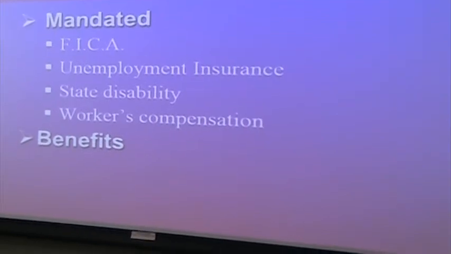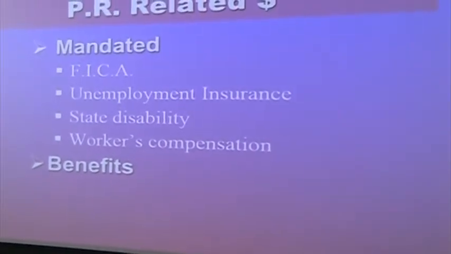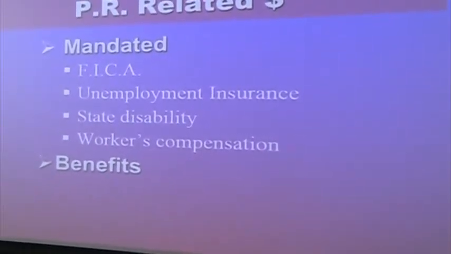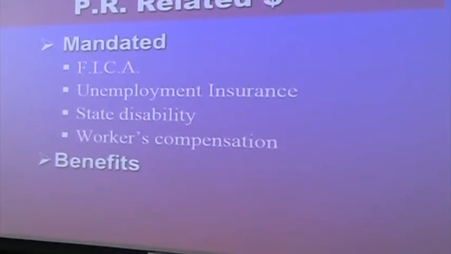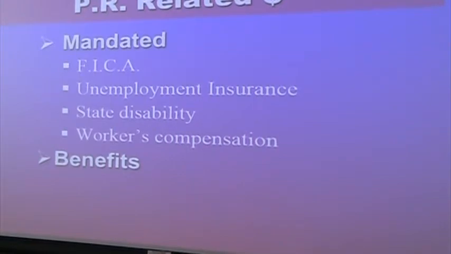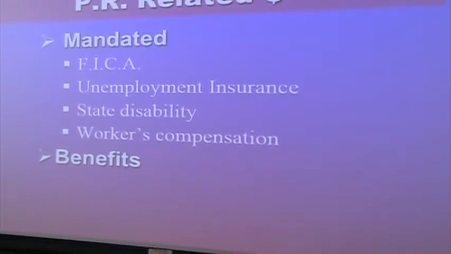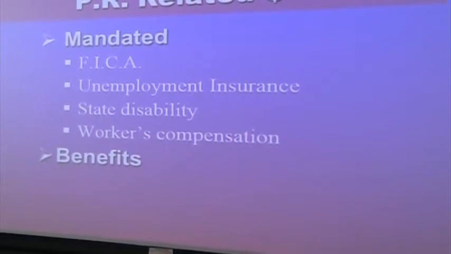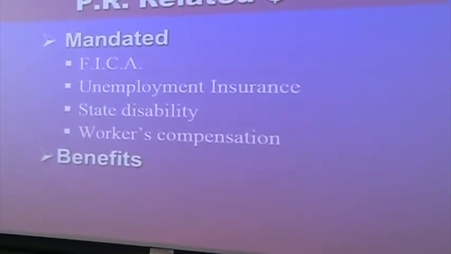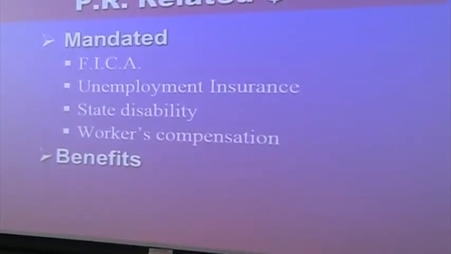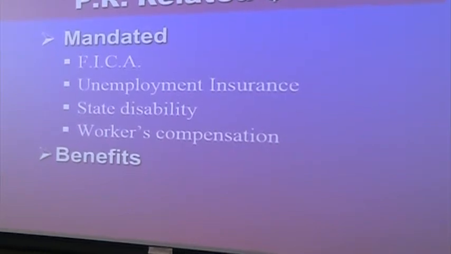So payroll-related costs are those costs that are attributed to the employee working there, typically based on some percentage of whatever their income is. And most people don't understand that. So if you're paying an employee $10 an hour, guess what? There's probably another $1.80 that the company is paying on top of that $10 per hour for these other costs that are mandated by the federal government.